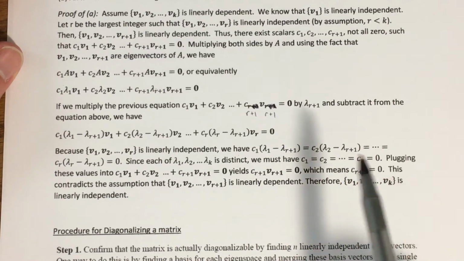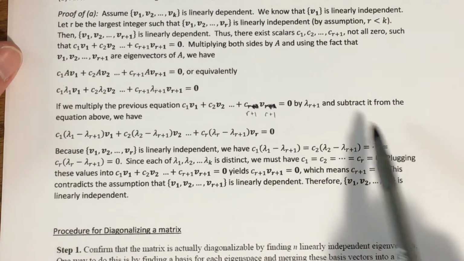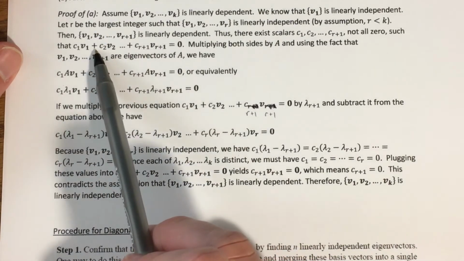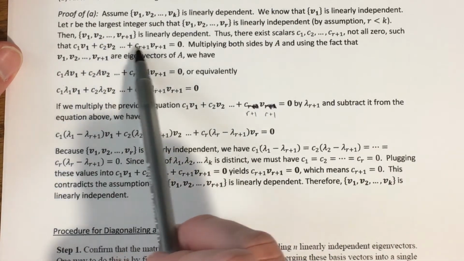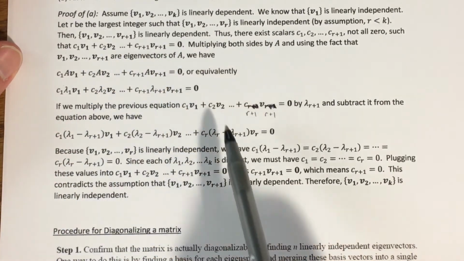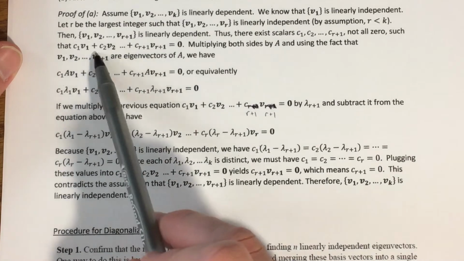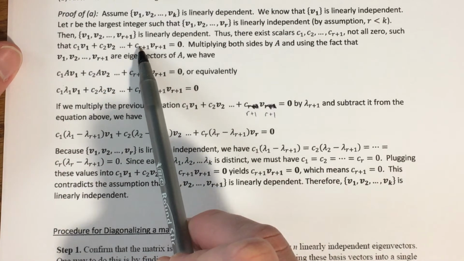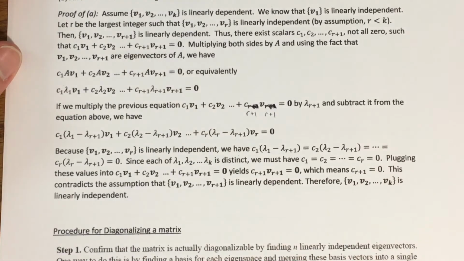But that creates a problem, because if you go back to where the c_{r+1} came from in the first place, all the way up here, it's the last scalar in the linear combination of these vectors that's equal to 0. And we just established that all of the c's now, including the c_{r+1}, would have to equal 0, meaning that that set actually is linearly independent, not linearly dependent.